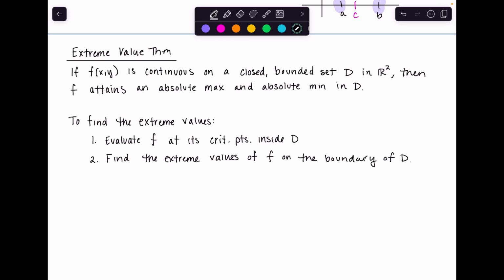And that will give you more possibilities for your extreme values. This is basically going to create a list of numbers. And so your third and final step is from this giant list you get, the largest z value is the absolute max. The smallest is the absolute min.